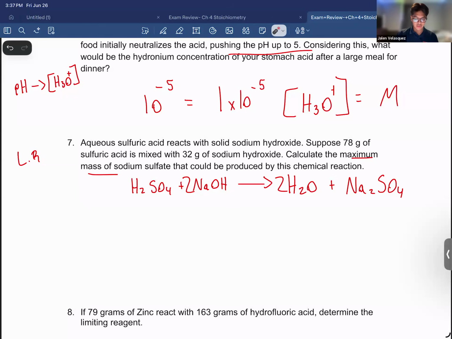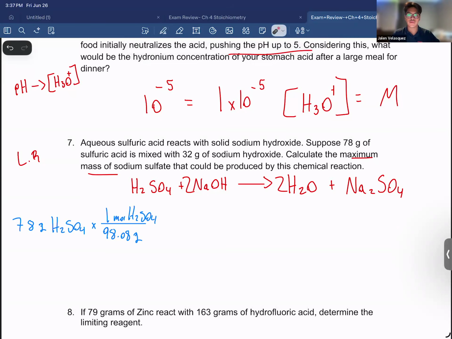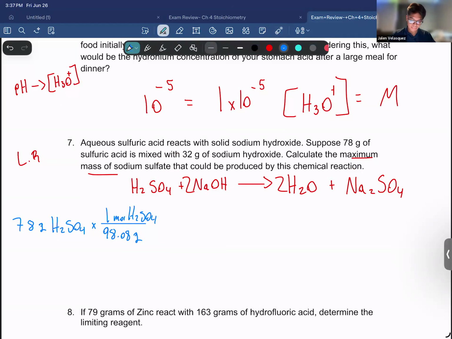Let's start with sulfuric acid first, where we have 78 grams of that. We are going to go from grams to moles here. Now that I'm in the moles of the sulfuric acid, I can go to the moles of sodium sulfate and then to the mass of the sodium sulfate.